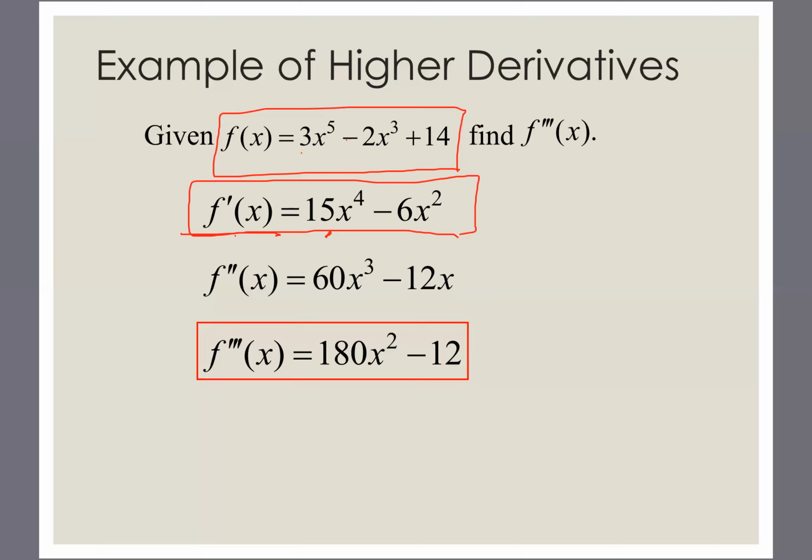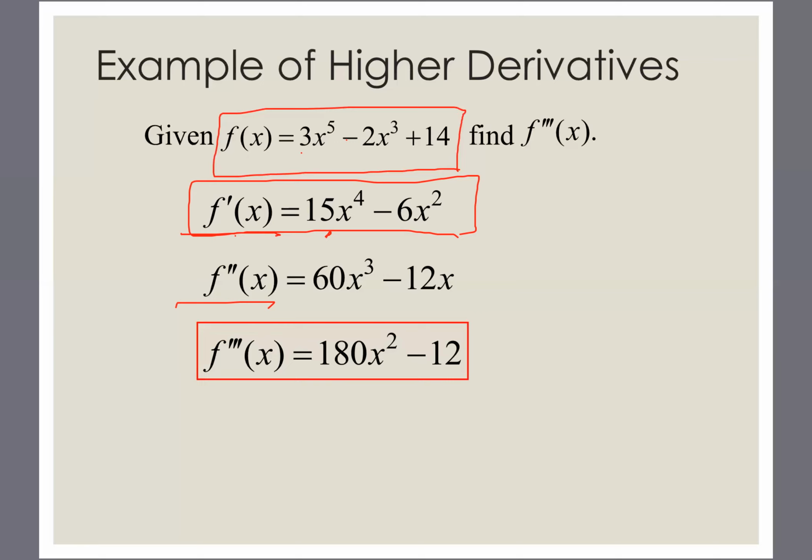Then if I want to take the second derivative, first I need to put f double dash. And then I differentiate all the terms in the already differentiated function. So 15x to the power 4, I need to multiply 15 by 4, it becomes 60, and then 1 minus from the x power, that means it becomes x to the power 3.